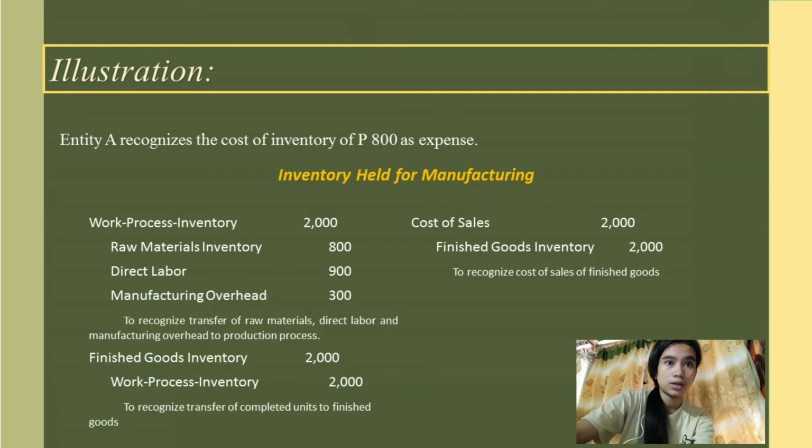So, ang finished goods inventory natin ay 2,000, credit work in process inventory natin ay 2,000, to recognize transfer of completed units to finished goods, after which ay close natin yung finished goods inventory to cost of sales, wherein we debit cost of sales 2,000 and credit finished goods inventory of 2,000 to recognize cost of sales of finished goods.